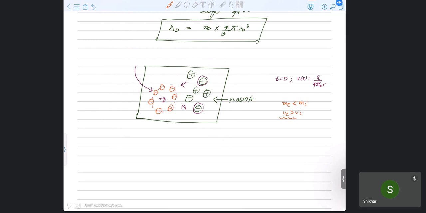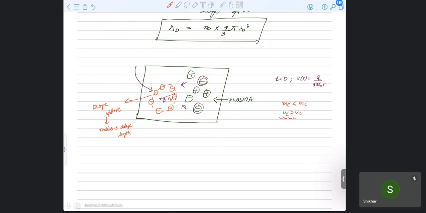This circular shape is called the Debye sphere. Why Debye sphere? Because the radius of the sphere is lambda d, which is called the Debye length. This is a characteristic of plasma.